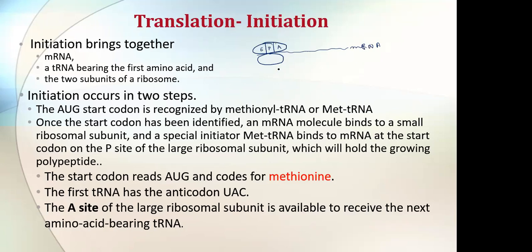Now the ribosome will start reading, and all those tRNA, so this is the anticodon, and they are carrying different amino acids. So 20 different types of tRNA are there. Okay, so 20 different types of amino acids are there.